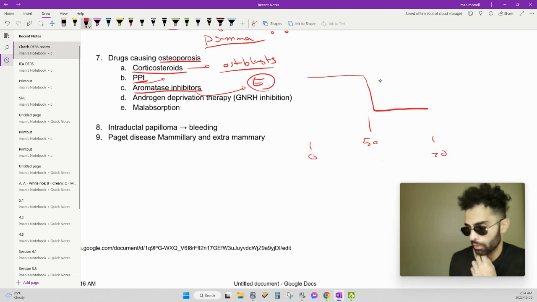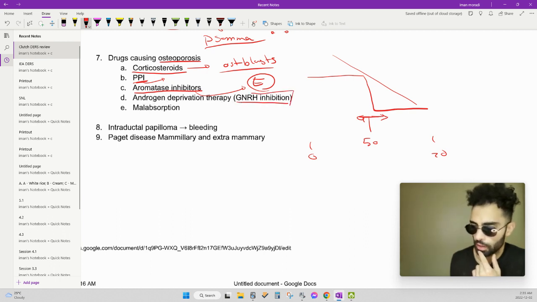They have a drop around this age, whereas for men there's no sudden drop, and this is because of the drop in estrogen. Androgen deprivation therapy: this is for prostate cancer, when we use GnRH inhibitors. These can be either agonists or antagonists. That doesn't matter. What matters is that both will suppress androgens in a guy with prostate cancer, and that leads to osteoporosis.